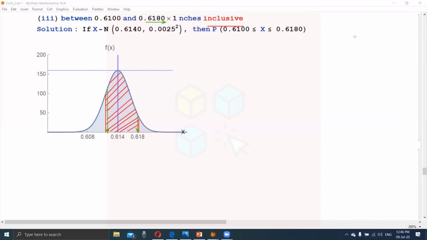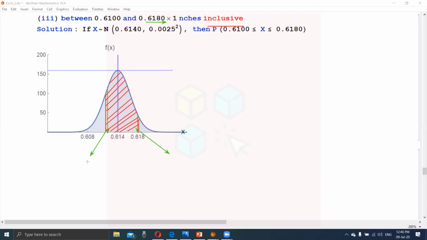So first we find the z value at these newly introduced points. The first point is on the left side, which is here, and one is on the right side.